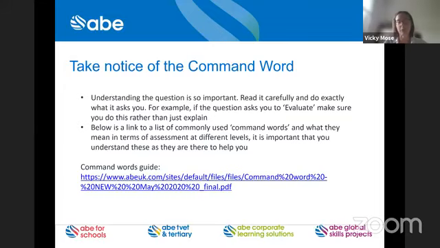So you should be able to find this document really easily. As I said, before you start writing up any of your answers to your questions, you should make sure you've had a look at this document and you really understand the command words, because then it will help you know how to answer the question.